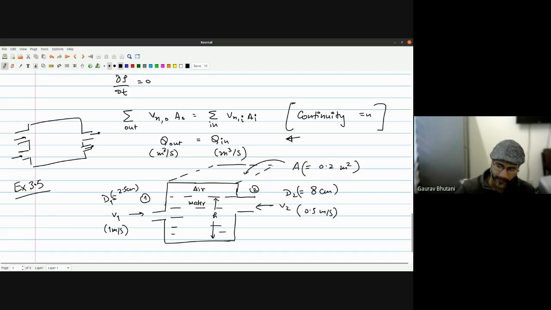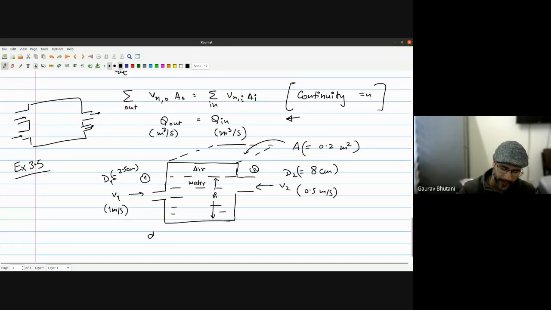Is the problem clear? What you have to find is the rate at which the height of water in the tank will increase. Now I know that you can simply apply the inlet volume flow rate ideas and then calculate dH by dt. You're feeding in more volume, so that results in an increase in the height of the liquid.